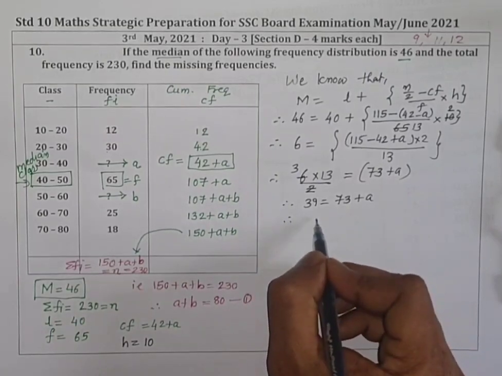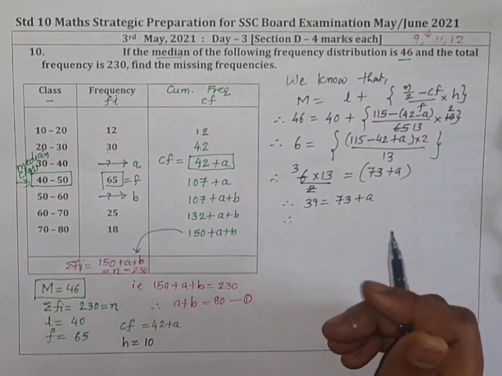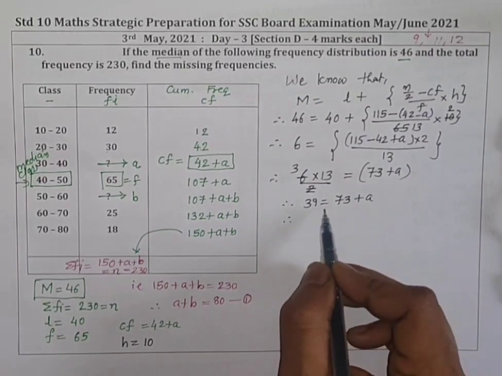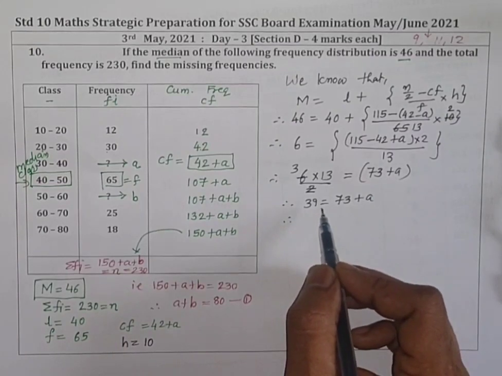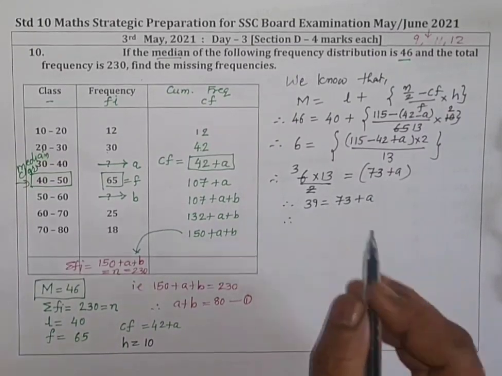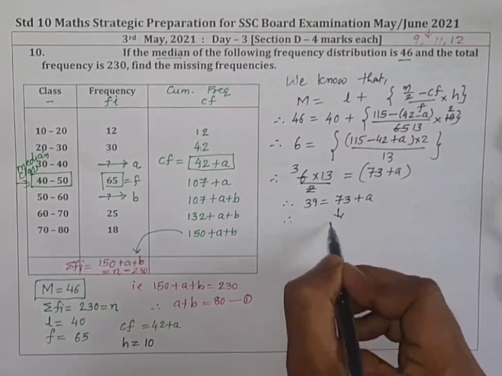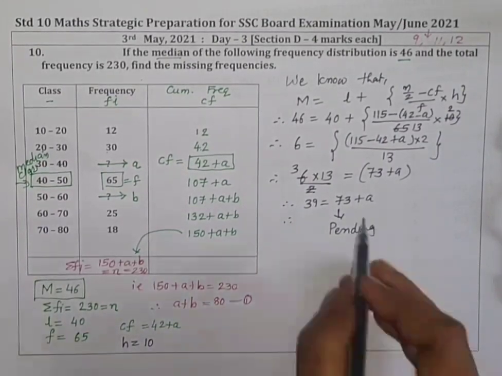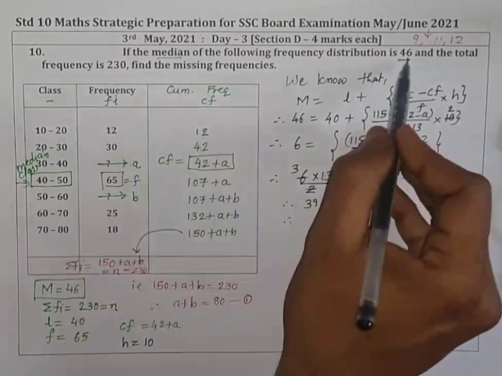Therefore, children, something is wrong here, because A is coming out negative. I'll keep this sum pending, children, as there is some problem.